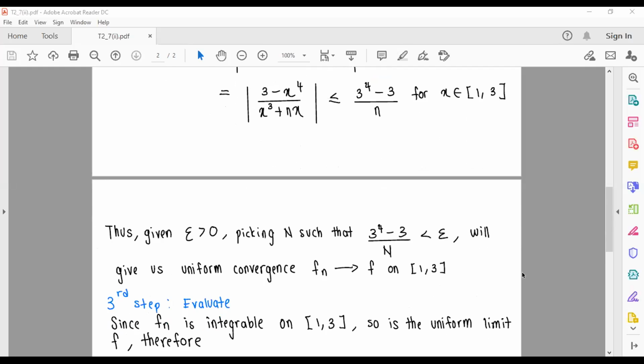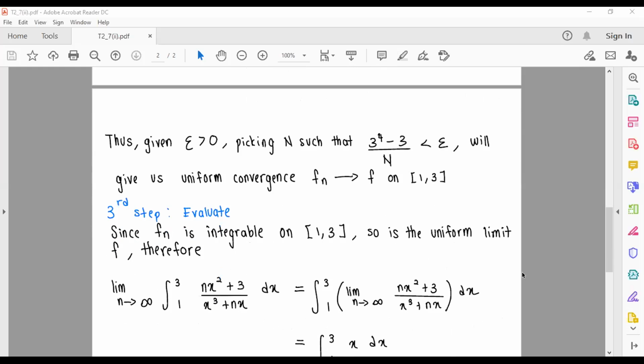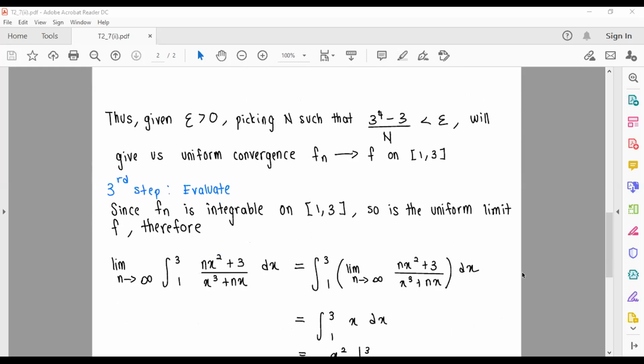Then you pick n such that... Okay, so 3 to the power of 4 is what? 81, right? So it's just 81 minus 3, that's 78. So you can find your n as 78. n has to be larger than 78 over epsilon, okay? So then uniform convergence, yes, you have that.